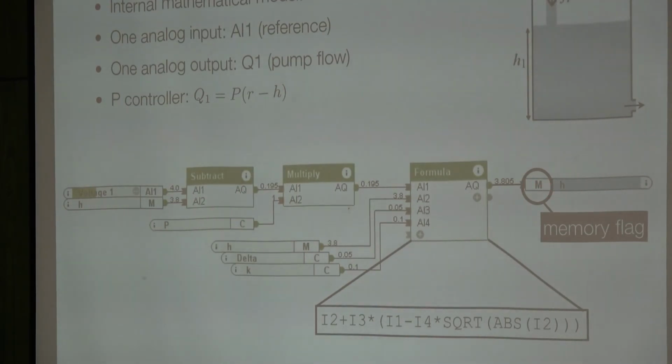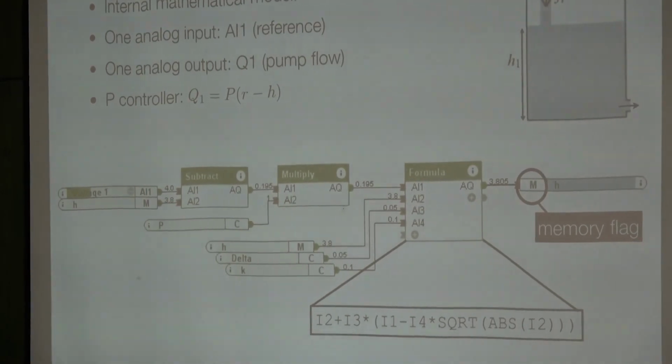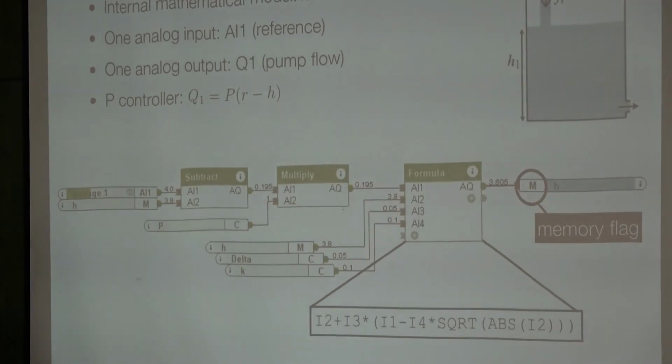Memory flags are just some kind of temporary memory that you can use if you want to read or write some value on multiple occasions, such that I can avoid, because in Simulink we would have a line connecting this block back, feeding back the value, since we need to compute the state update. So this breaks the loop of the line and uses temporary memory to store the values.